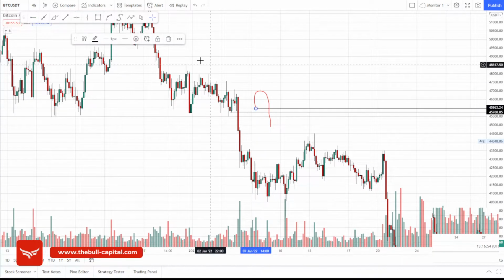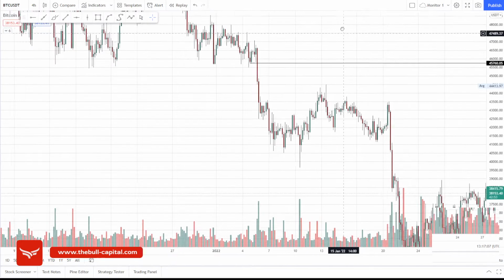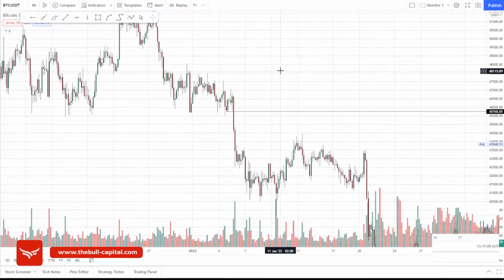It's gonna hold the price from moving higher in the future. Now it depends on the time frame you are on, and also depends on the structure, how strong it is.